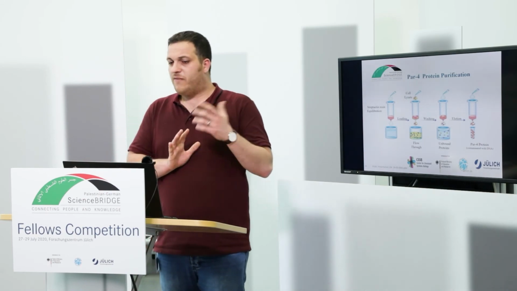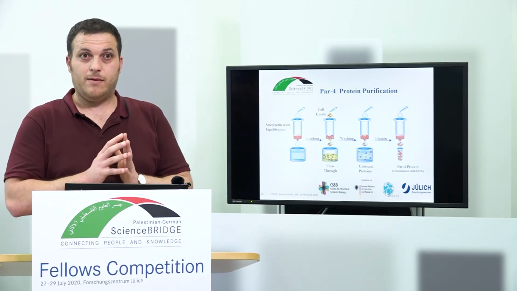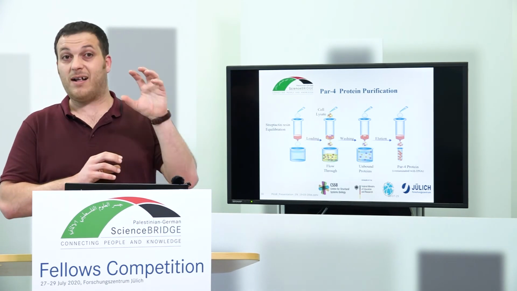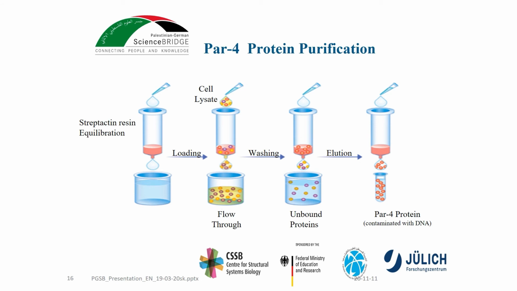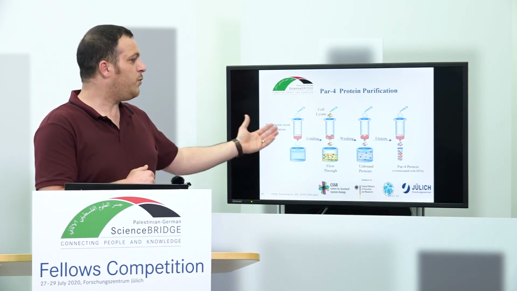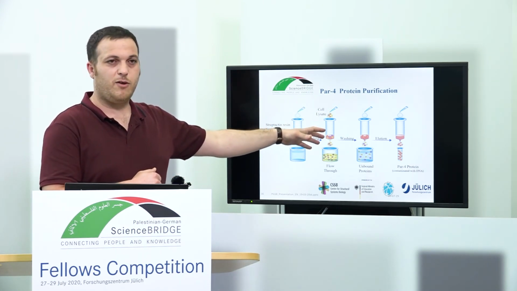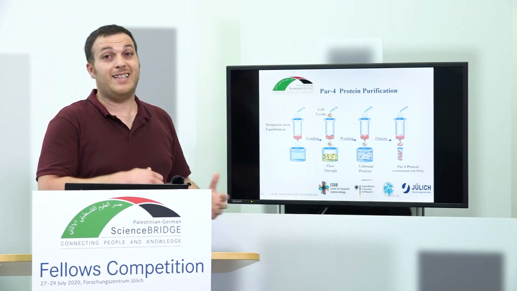For purification, we put a Strep tag on our protein, which is like a mark for the protein, and we use a Strep-Tactin resin, which has to be equilibrated with the equilibration buffer. Then we add the cell lysate, which contains the target protein and other proteins.